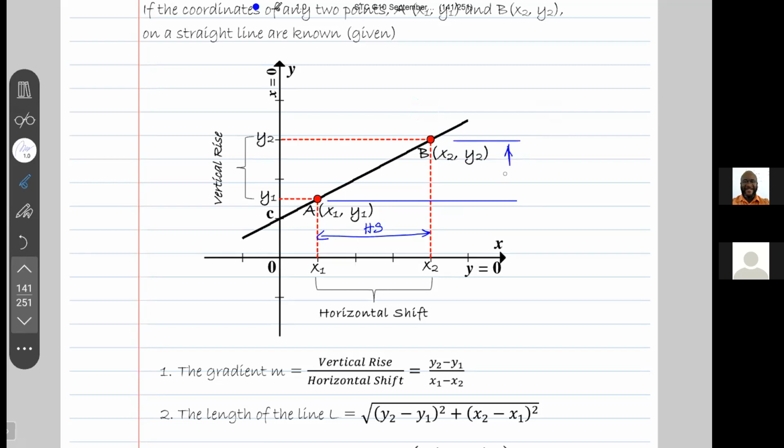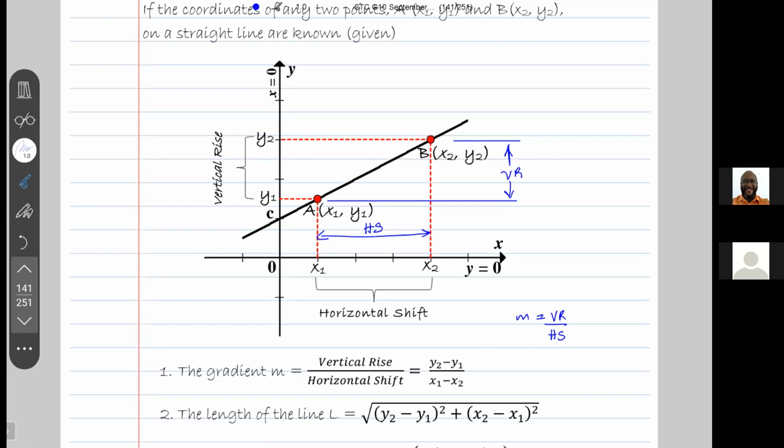This distance is called the vertical rise. Gradient M is equal to the vertical rise over the horizontal shift. Students who do physics might actually come across this.